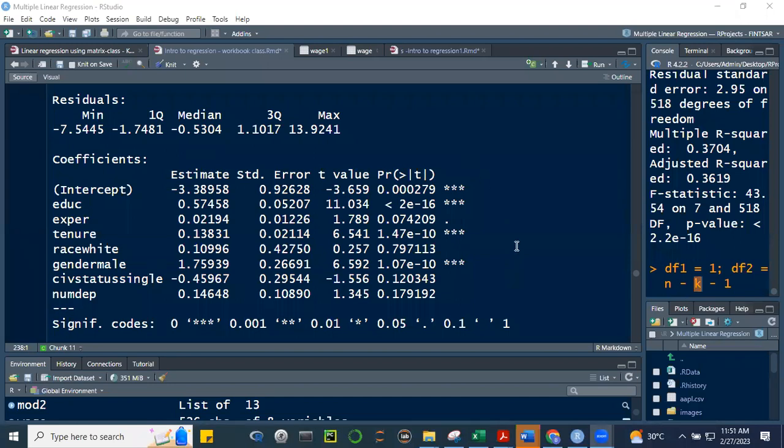Okay, so let's interpret this. First, education. What does the education coefficient mean here? For every 1 year increase in education, the beta is positive, so there's a corresponding $0.57 increase in hourly wage, ceteris paribus.